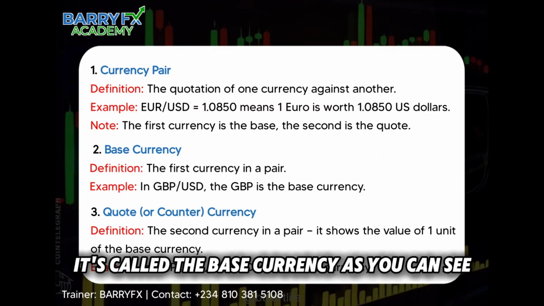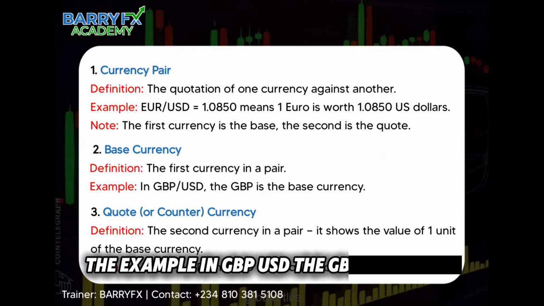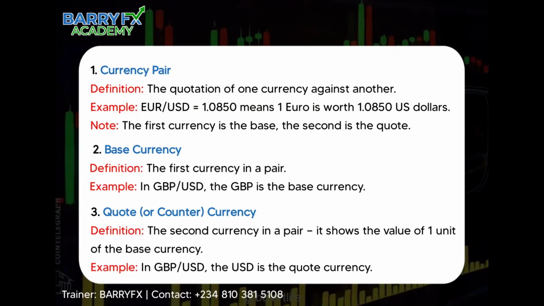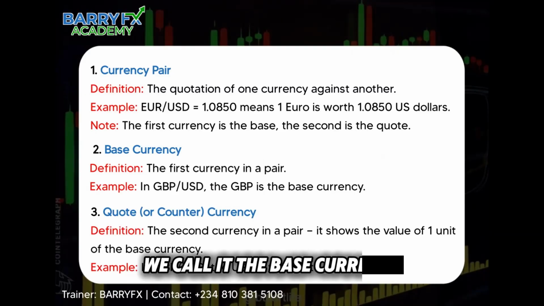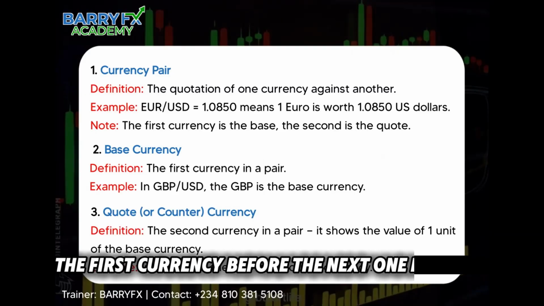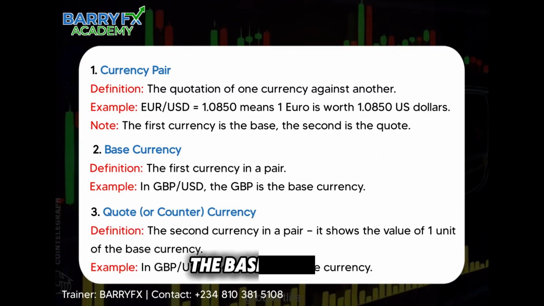As you can see in the example GBP/USD, the GBP is the base currency, which is the first one before the USD. The first currency before the next one is called the base currency.